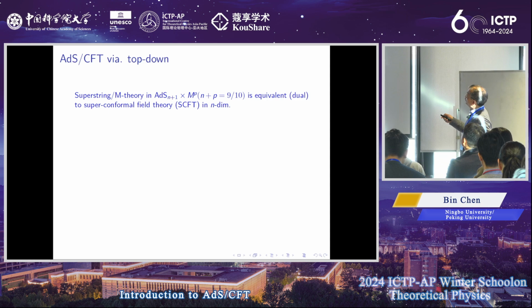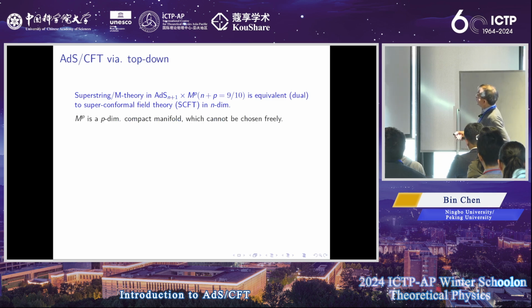So this is a slightly more precise statement of the AdS/CFT correspondence. The compact manifold you cannot choose arbitrarily. The p-dimensional compact manifold is closely related to the field content in the superconformal field theory. So it cannot be chosen freely, and you have to do it very carefully.